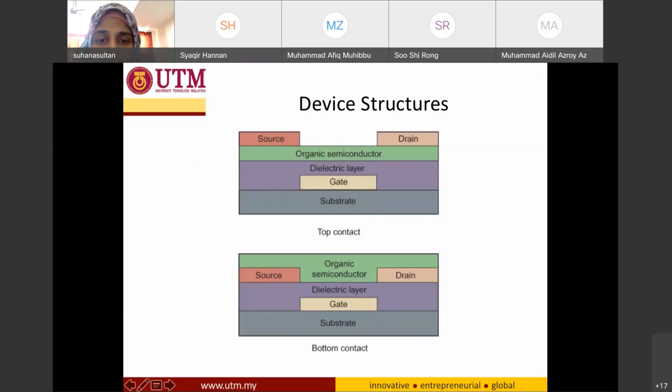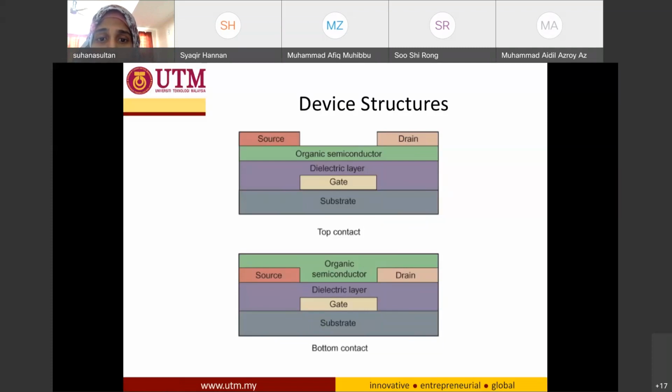The one at the bottom here is a different structure, whereby the source and drain contact is at the bottom, while this one is at the top. So depending on what they want to do with the device, they have these two different structures of organic field effect transistor.